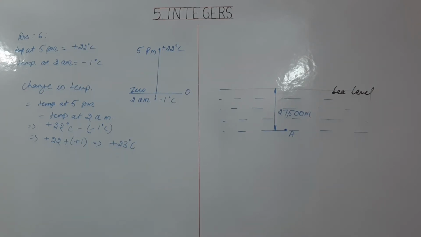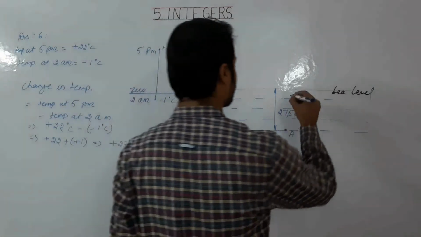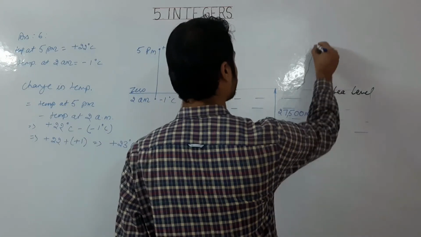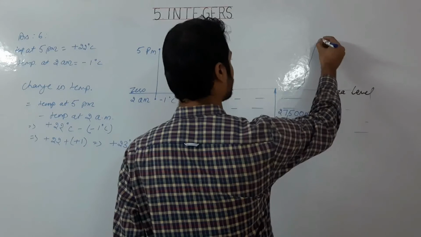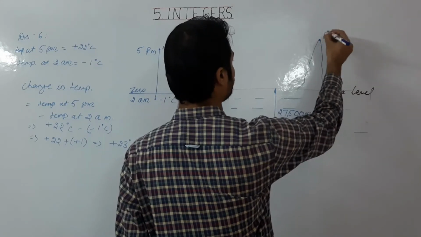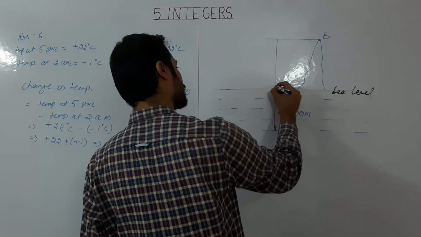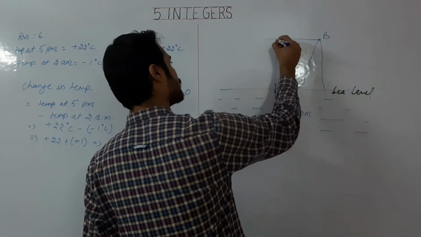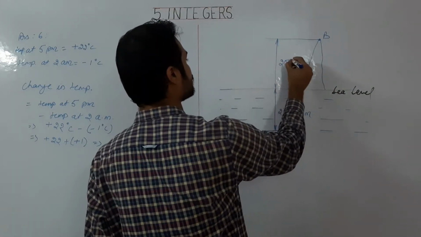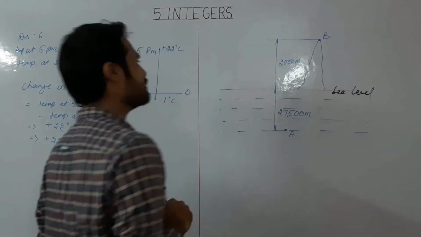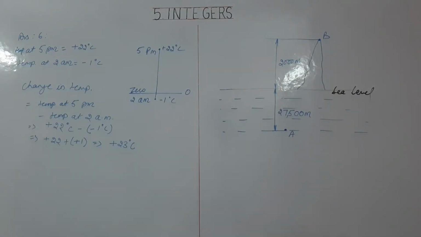Then what about the second point? Second point B on a mountain is 2000 meters above sea level. So for the second point, say this is at the mountain and this point is point B. So this point is 2000 meters above sea level.